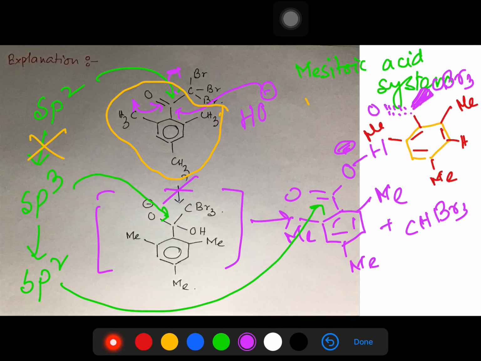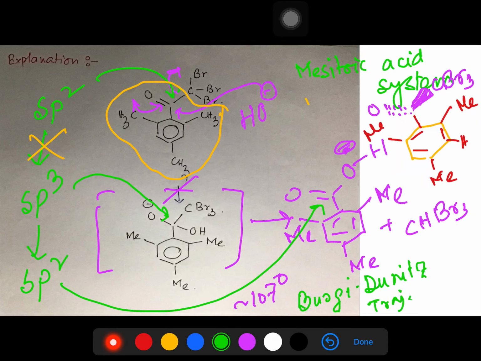Now we know that if any nucleophilic attack needs to occur on this carbon, the nucleophile, here hydroxyl, needs to attack at around a 107 degree angle, and this phenomenon is known as the Burgi-Dunitz trajectory. I have already discussed this theory. Please have a look at the lecture if you have any problem. So this is the Burgi-Dunitz trajectory. So here the attack is not possible.